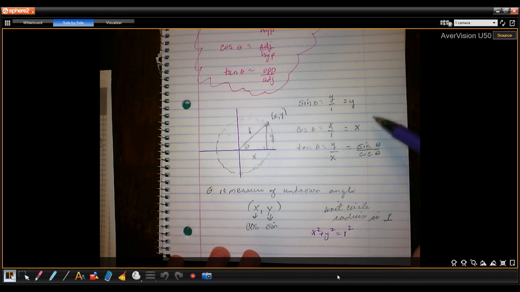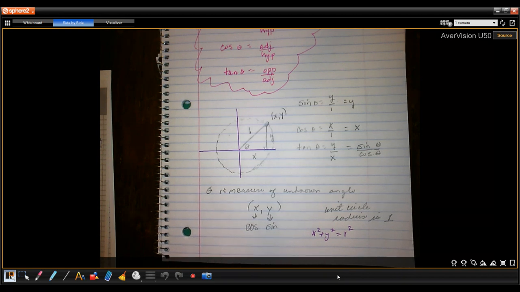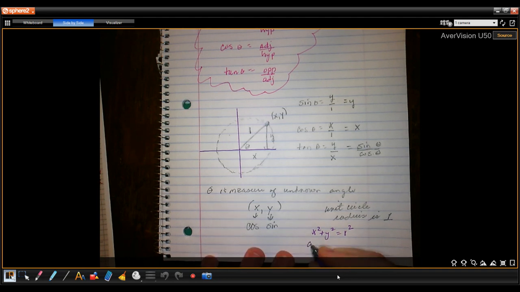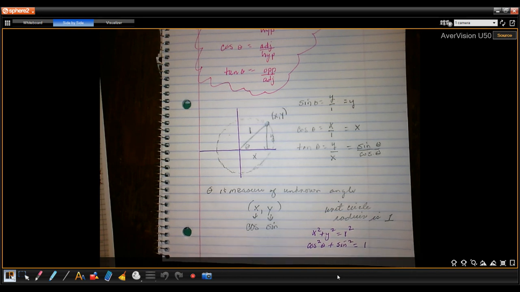Instead of x, you would say cosine. So x squared plus y squared, you can say cosine squared theta plus sine squared theta equals 1. And I'm running out of room, so I'm going to turn the page. Okay, let's move on.